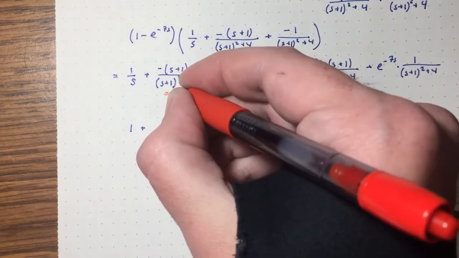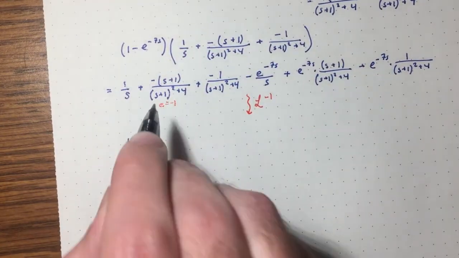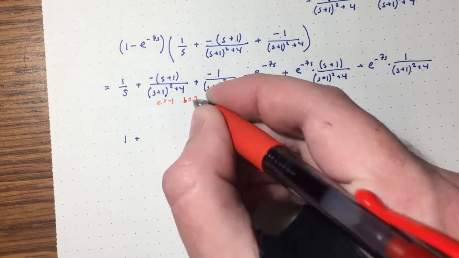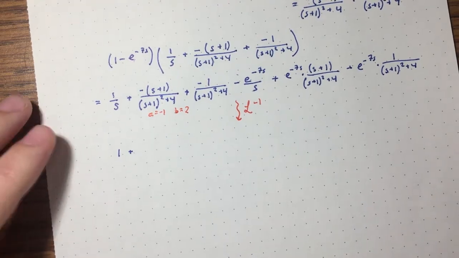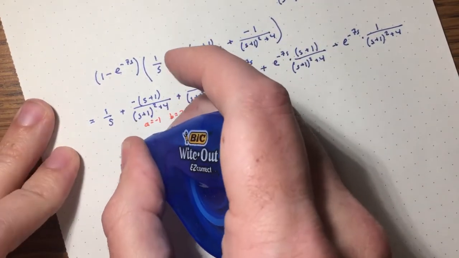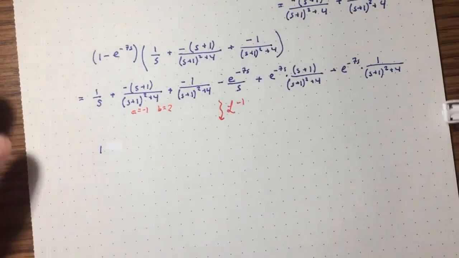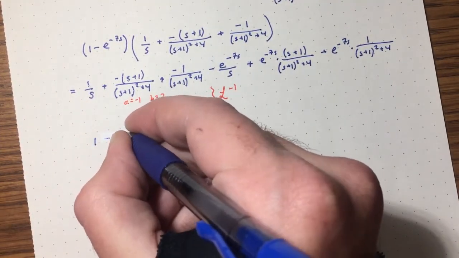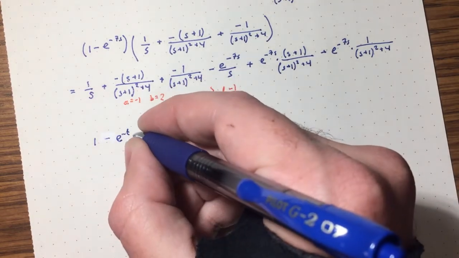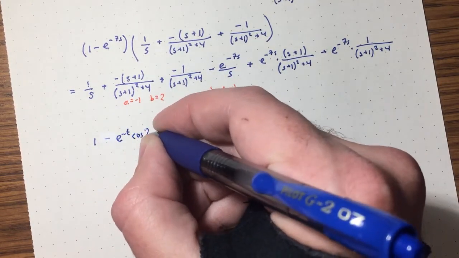So a is negative 1, right? s minus a, and b is 2. So we actually have 1 minus e to the negative t, times the cosine of bt, cosine 2t.